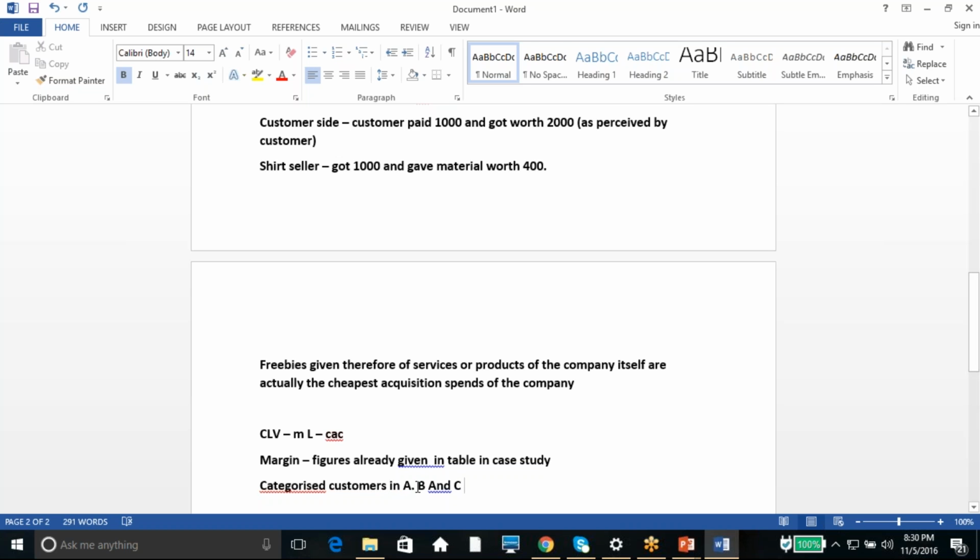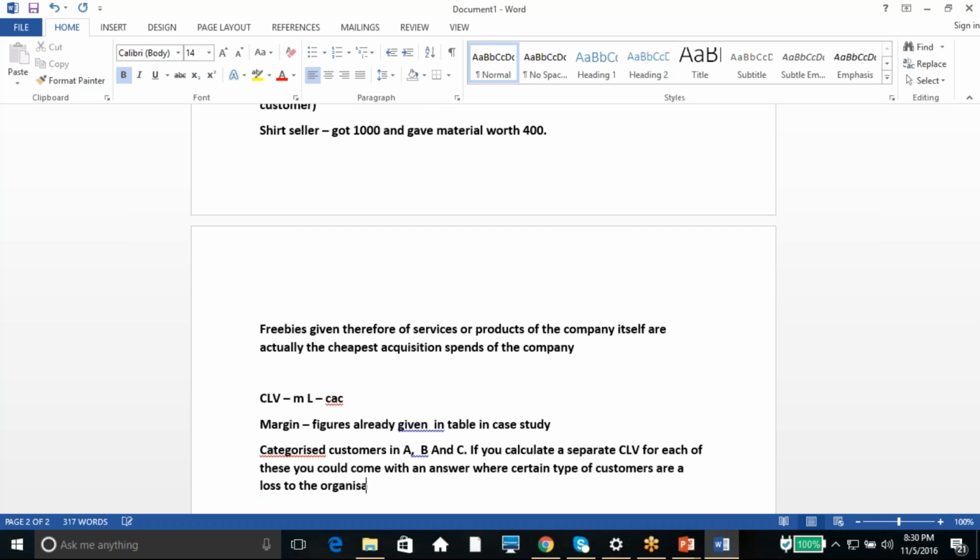So actually this kind of analysis helps to know that if you calculate a separate CLV for each of these types, you could come up with an answer where certain type of customers are a loss to the organization and better to be avoided.